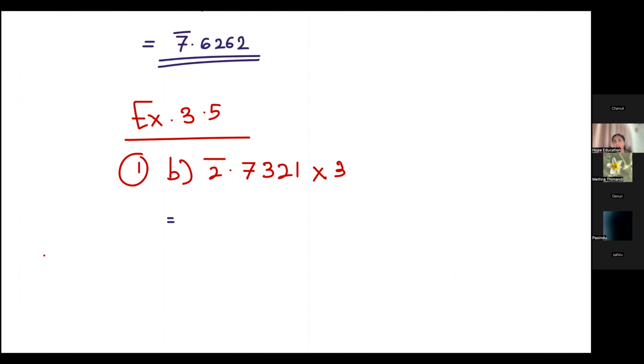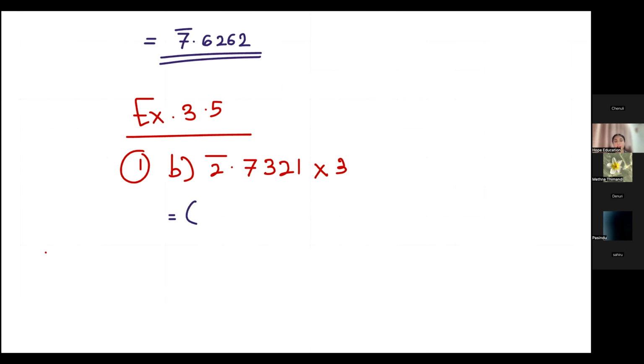Okay, have you all finished this? Others? Shall we discuss? Bar 2.7321 we can write as minus 2 plus 0.7321 multiplied by 3.